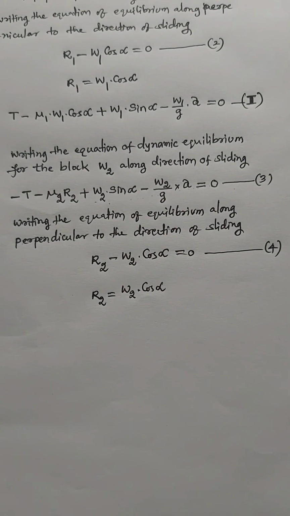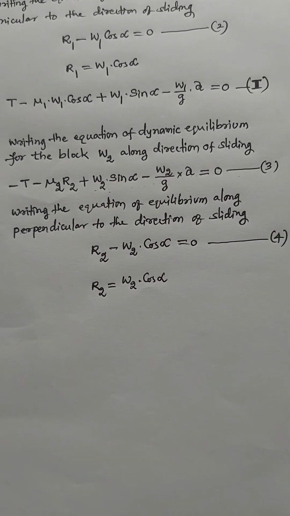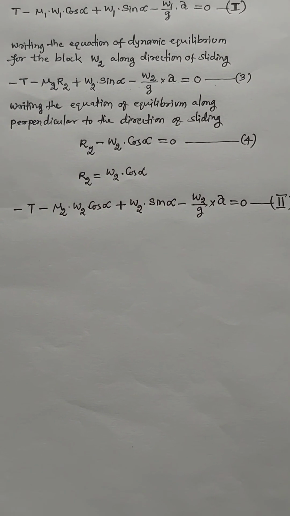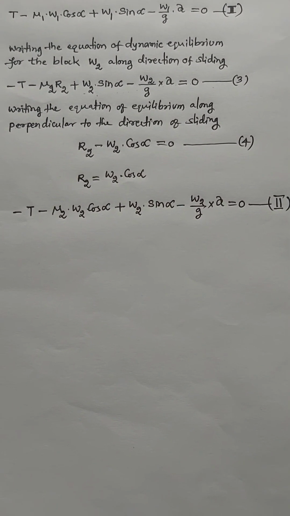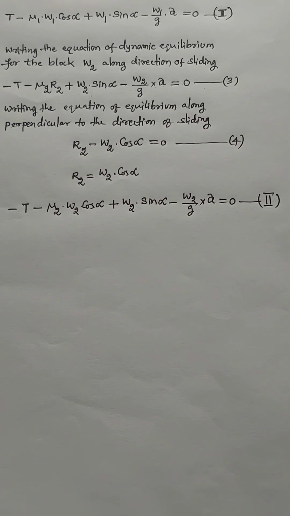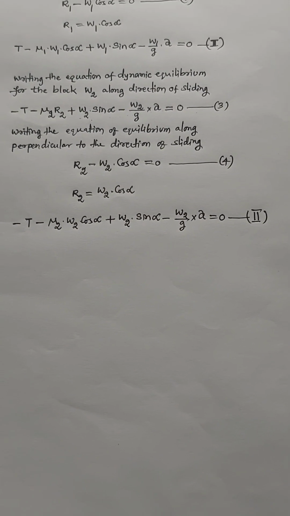When you substitute this R2 value in the third equation, we get the final equation: minus T minus mu2 W2 into cos alpha plus W2 into sin alpha minus W2 by G into A equals 0. Consider this as the final equation for block W2.